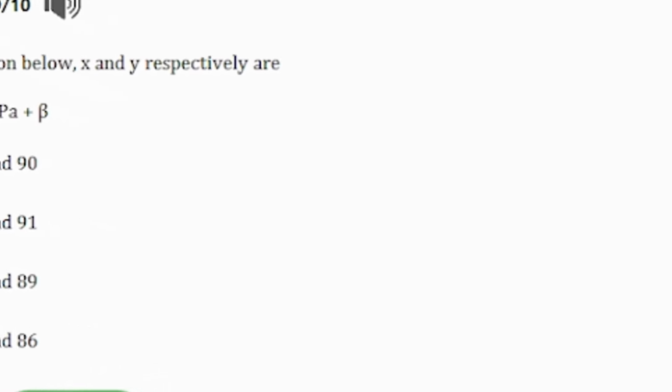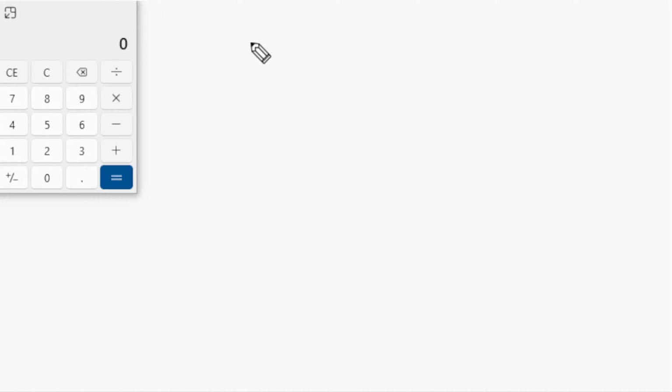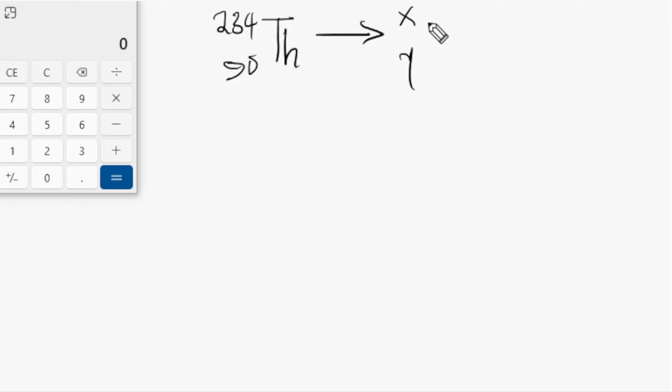So we're going to zoom into our workspace first of all, and here we're going to write out this equation. So we have 234 and 90 for this element, and then this for plus a beta particle.